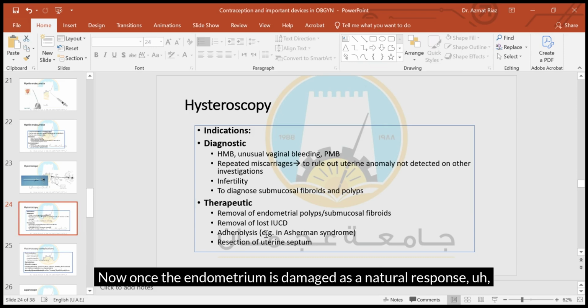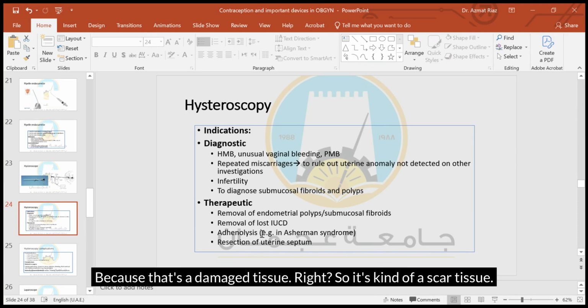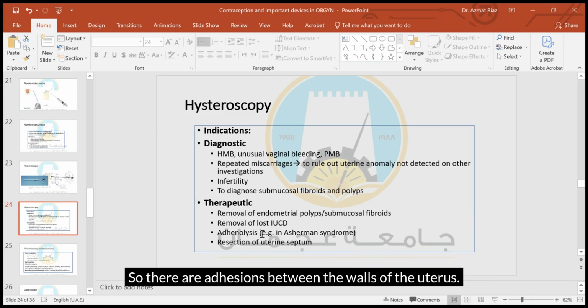Now, once the endometrium is damaged, as a natural response, adhesions are formed. Okay, because that's a damaged tissue, right? So it's kind of a scar tissue. So there are adhesions between the walls of the uterus, inside the cavity of the uterus.